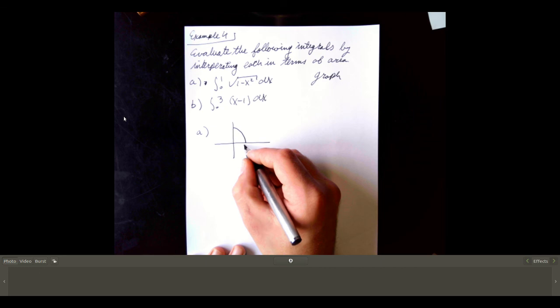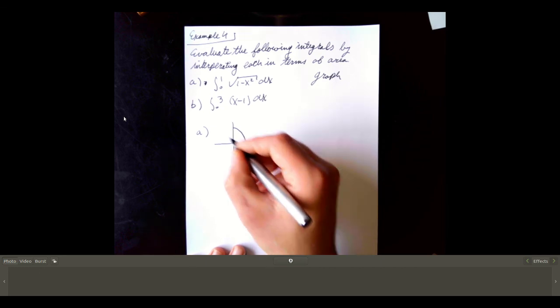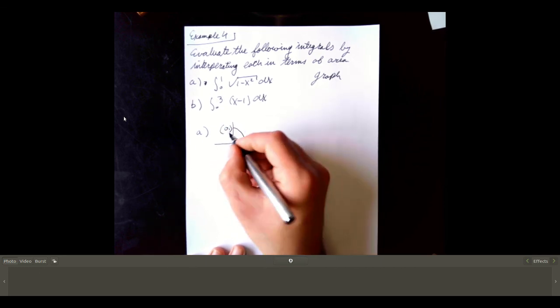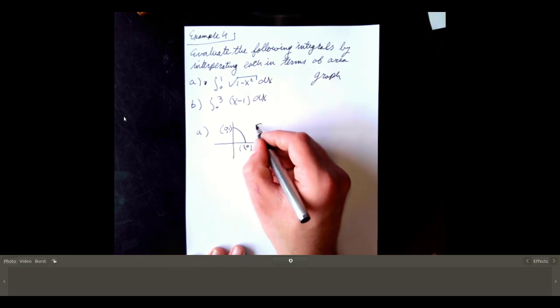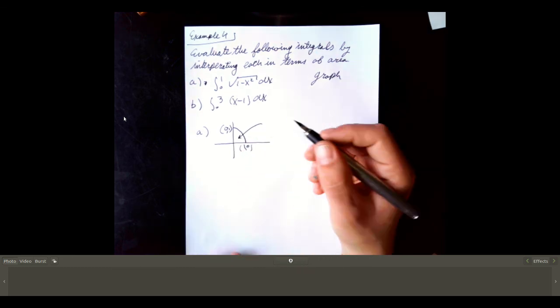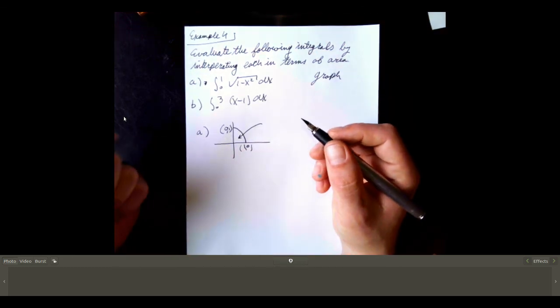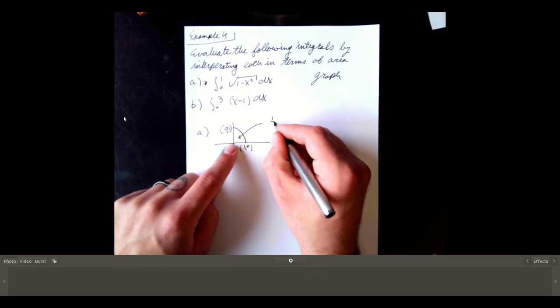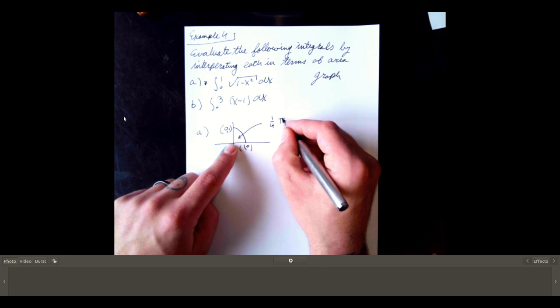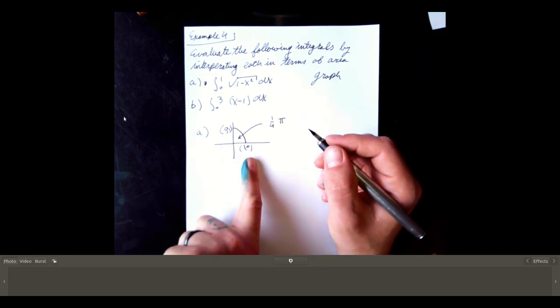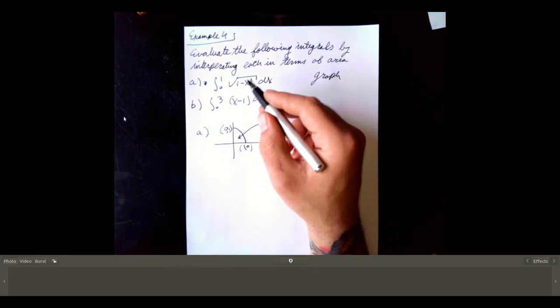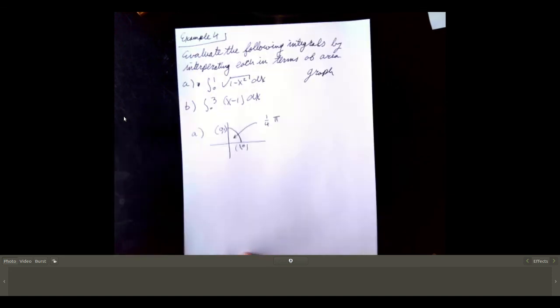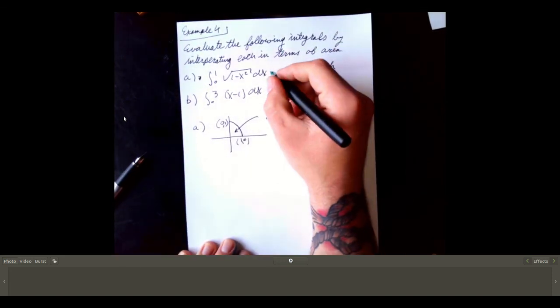It goes from the point (1, 0) up to (0, 1), and despite my drawing, is a perfect circle. If the area of a circle with radius 1 is pi r squared, the area of a fourth of that circle is 1/4 of pi r squared, and our radius is 1. So, geometrically, we get that this is equal to 1/4 of pi.